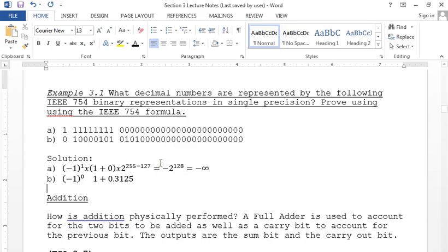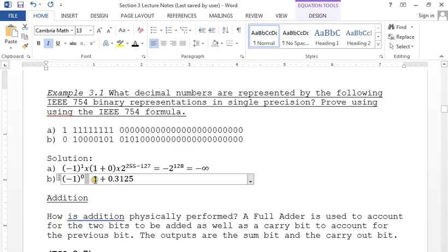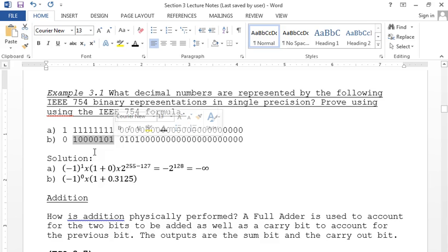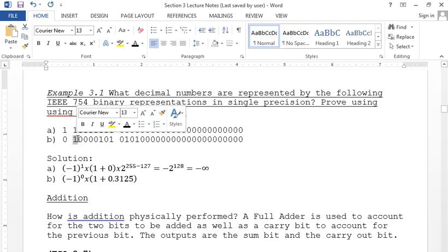Now that we've figured this part out, where did the exponents come from? That's what we're going to do next. So what is this number here? This is the exponent value. If I have 8 bits and the most significant bit is 1, what does that mean? 128. And the last 4 bits are 5.